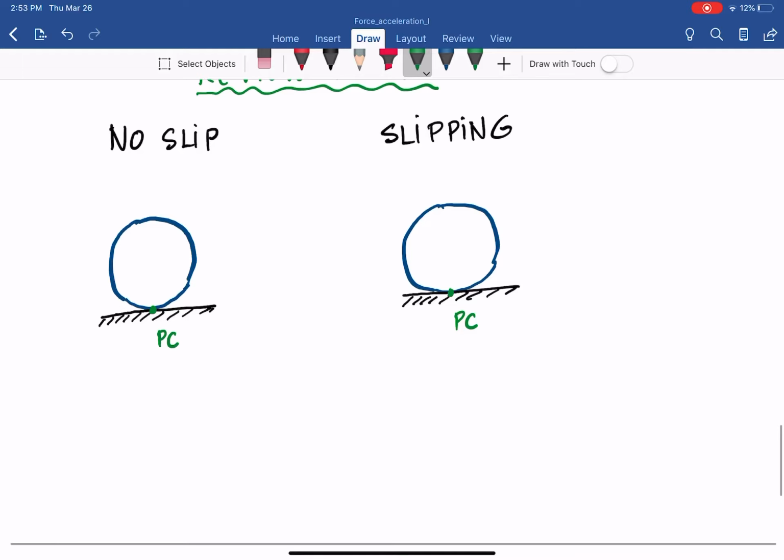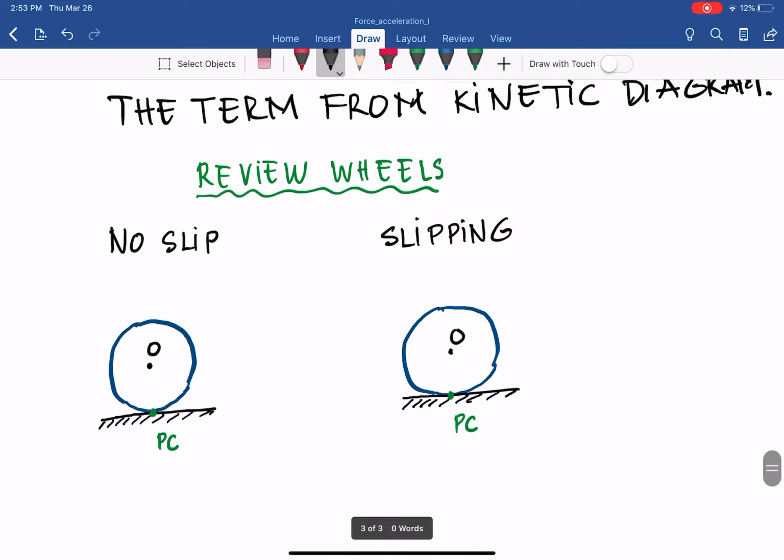The center is the mass center in this case, and the center of the wheel, let's call that O. For example, I assume the wheel moves to the right, so the center O velocity, you can see VO moves to the right, and even the slipping wheel also moves to the right.